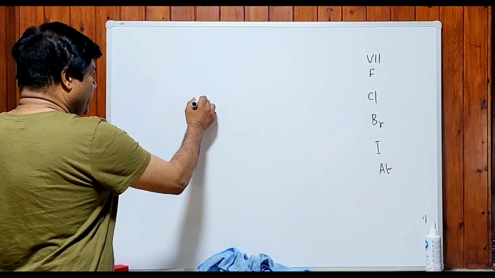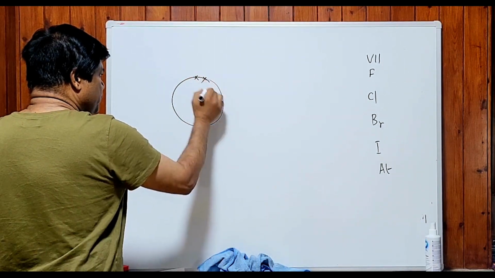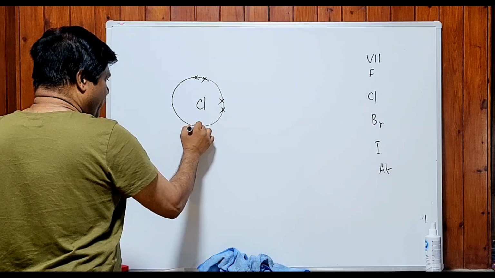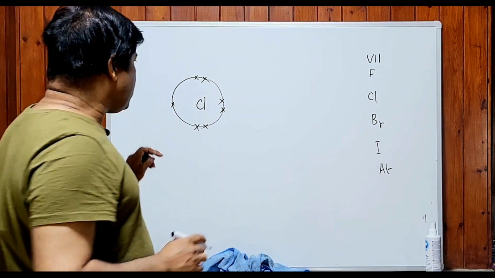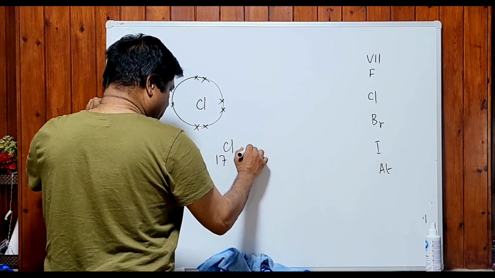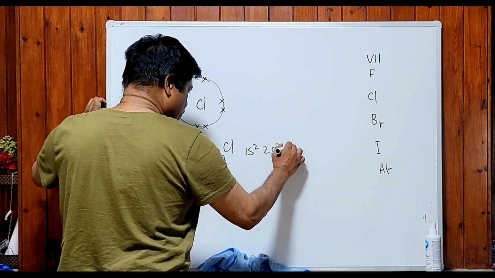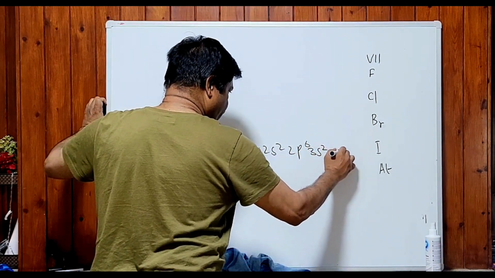Chlorine has how many electrons in the outermost shell? 1, 2, 3, 4, 5, 6, 7. Chlorine is 17: 1s2, 2s2, 2p6, 3s2, 3p5.